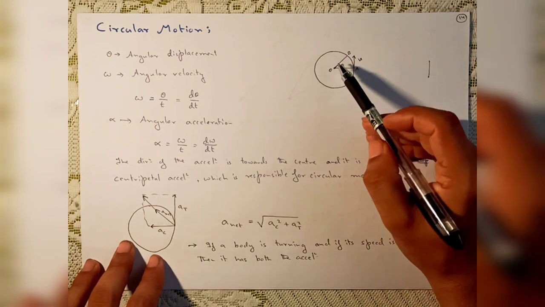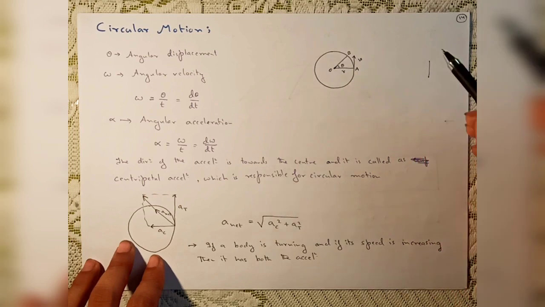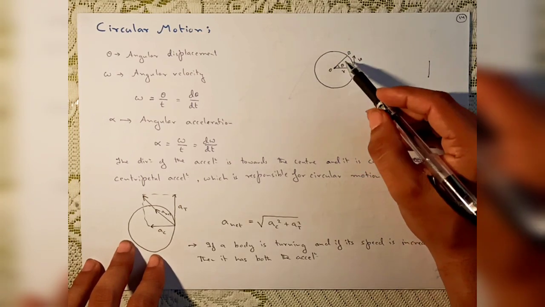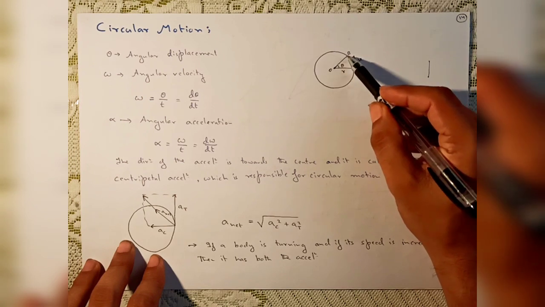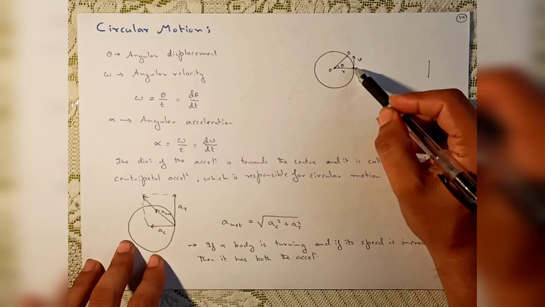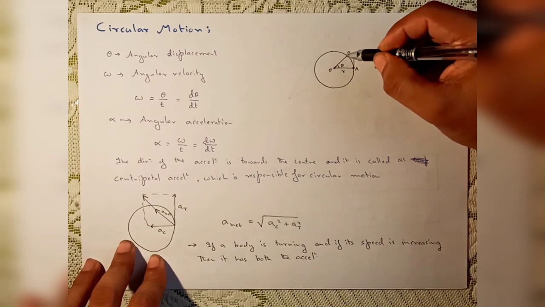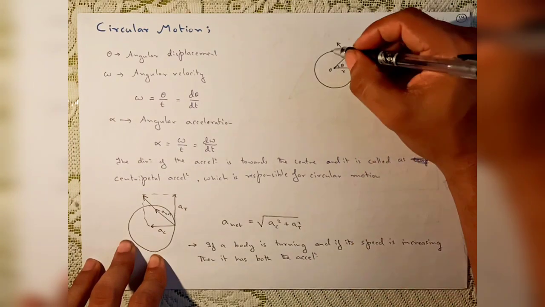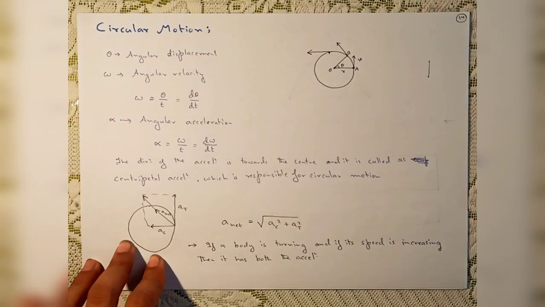Now in circular motion, when it goes in a circle, not in a straight line anymore, if a point is moving from here to here, the velocity of this particle is going to be somewhere here, and by the time it reaches here, the velocity will be somewhere here.